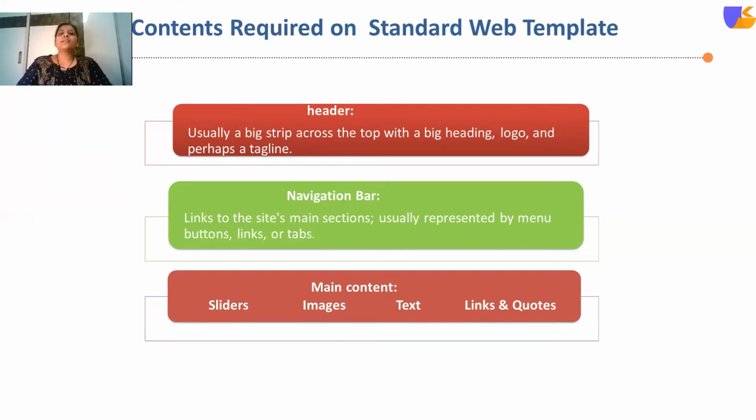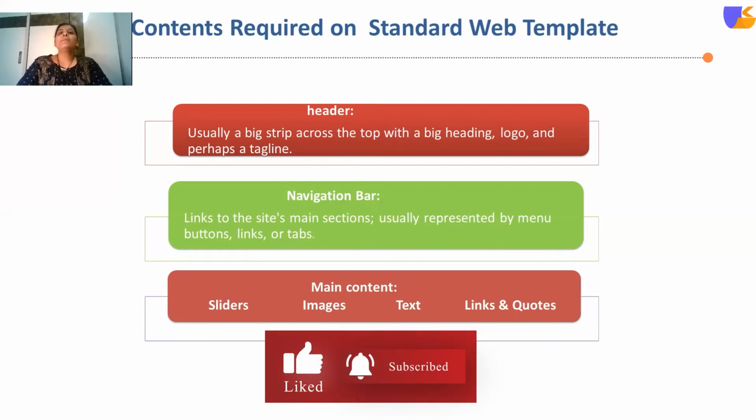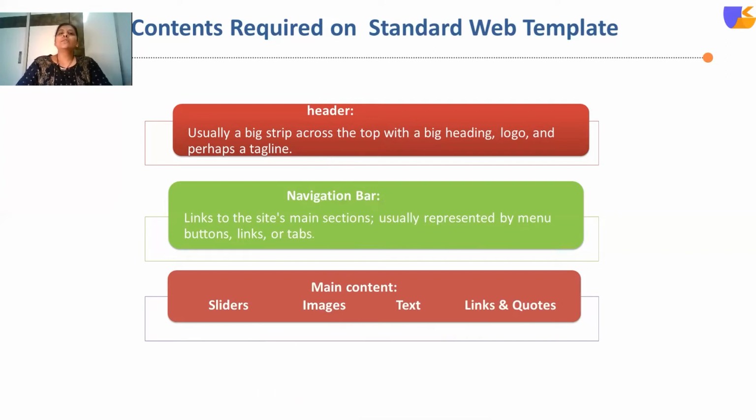Then the next is adding the navigation bar. Here all the menu buttons, links or tabs are available for the entire website. Again, it is equally important. Then the next thing is adding main contents into your web pages. These main contents can be text, images, sliders, some quotes, some videos, anything, some graphics, some GIF images.